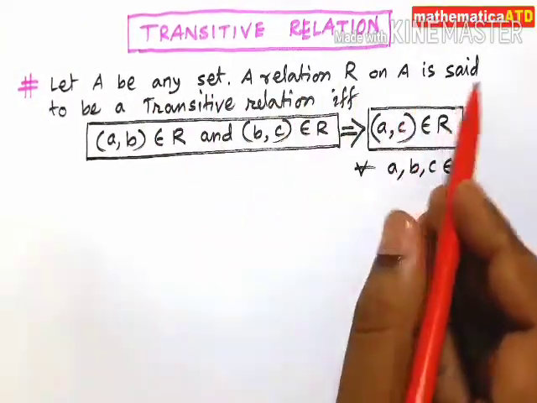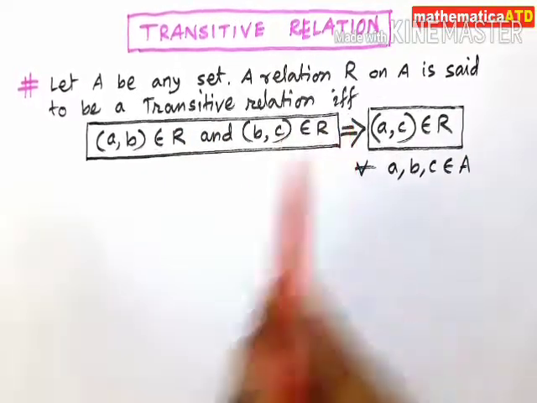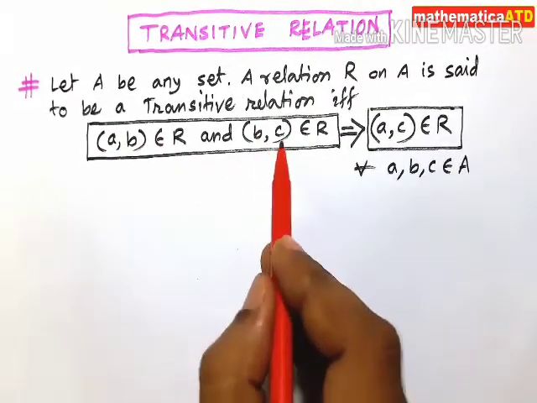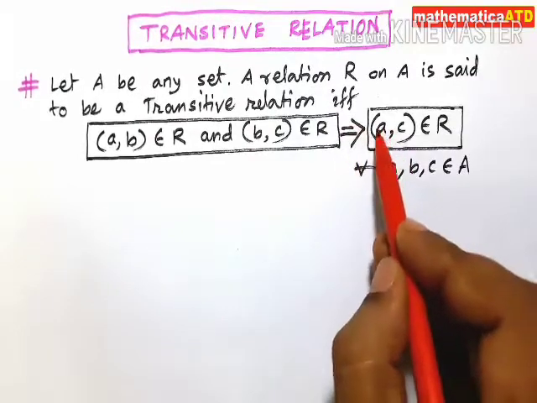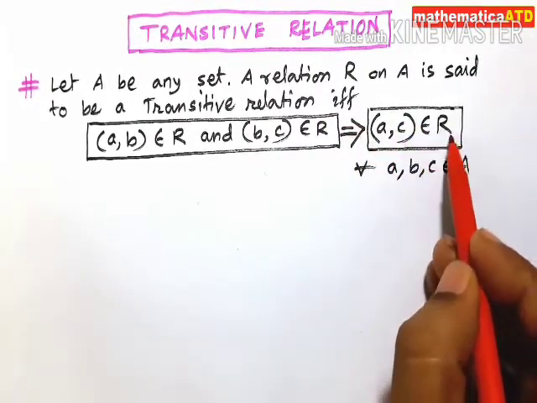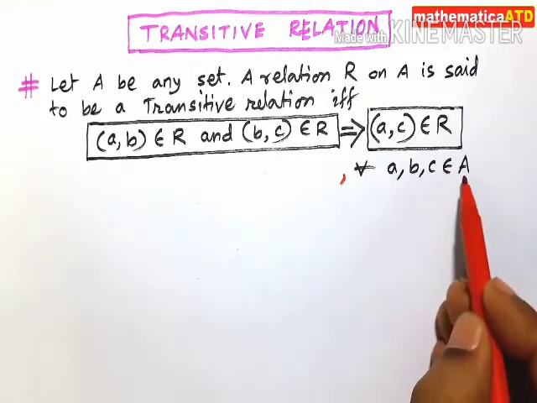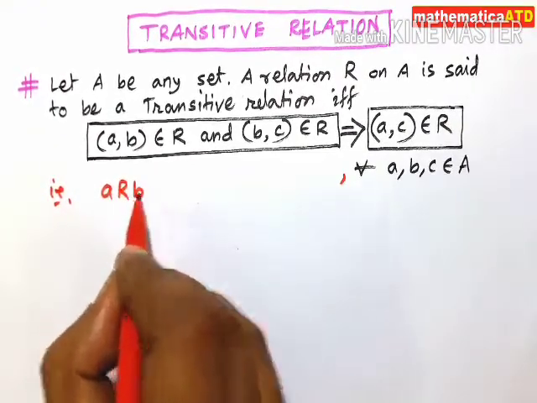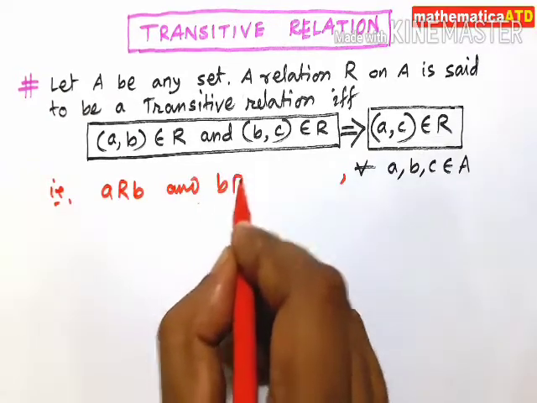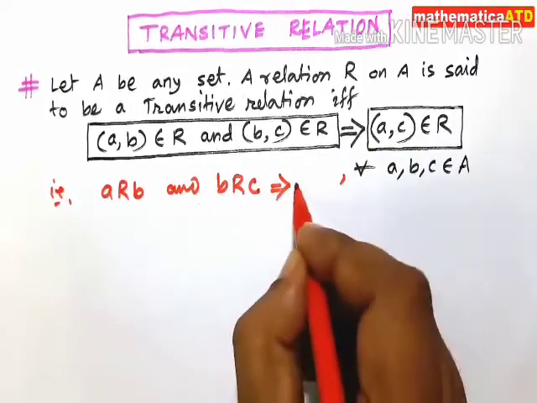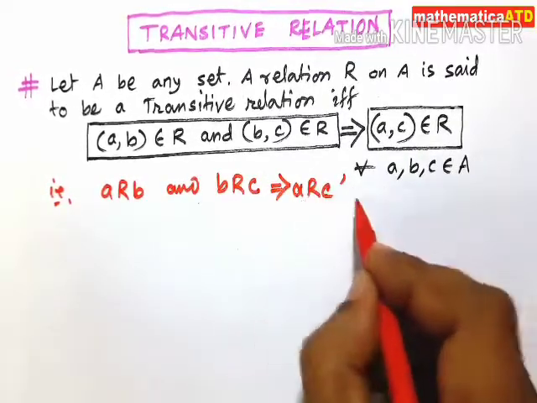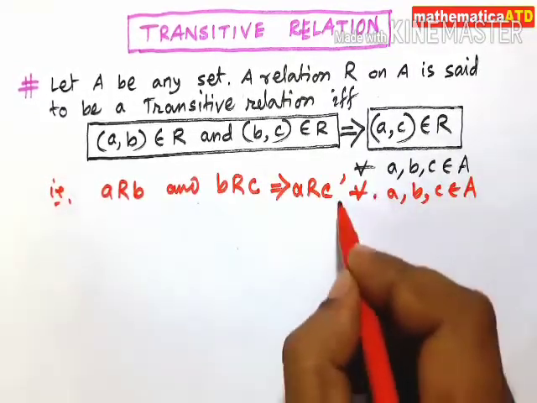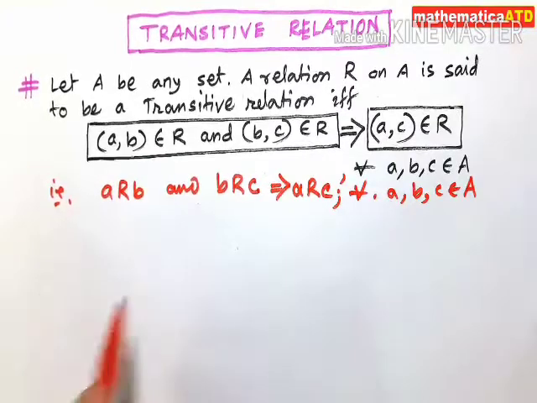A relation R on A is said to be a transitive relation if and only if (a, b) belongs to R and (b, c) belongs to R implies that (a, c) belongs to R for all a, b, c belonging to A. That is, a is related to b and b is related to c implies that a is related to c for all a, b, c belonging to A. So friends, we have to illustrate this one.